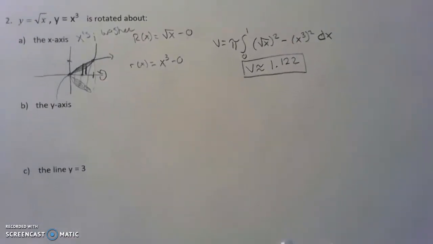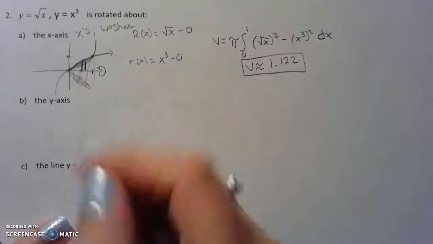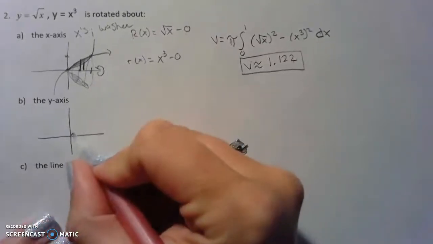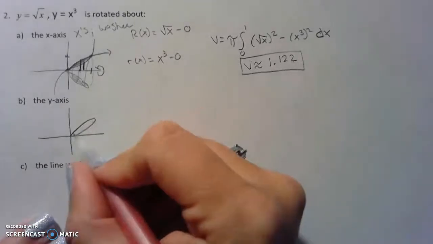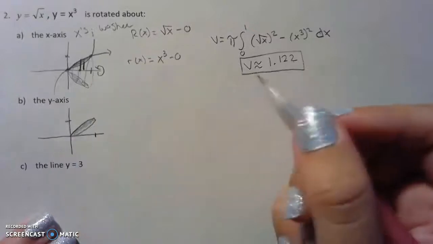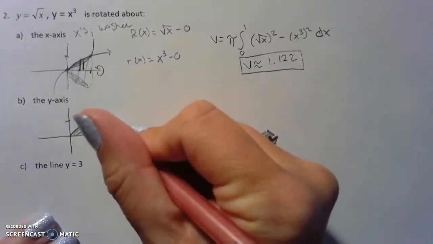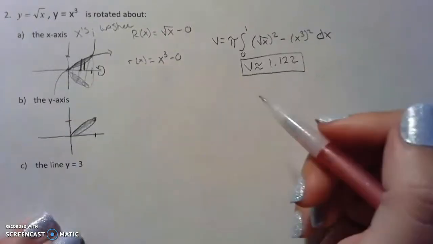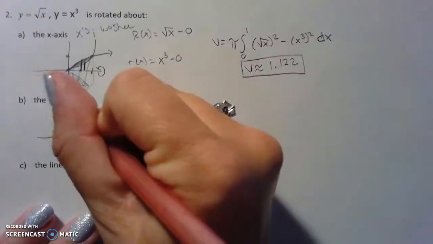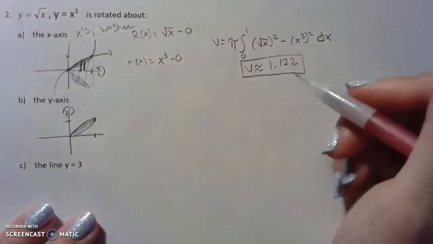Okay, the next one, we're using the same image, so I'm just going to go ahead and draw this again. I'm really just going to draw the piece we need. Okay, I know this is at 1, 1. And this time we're going to rotate this about the y-axis, so that is this axis.